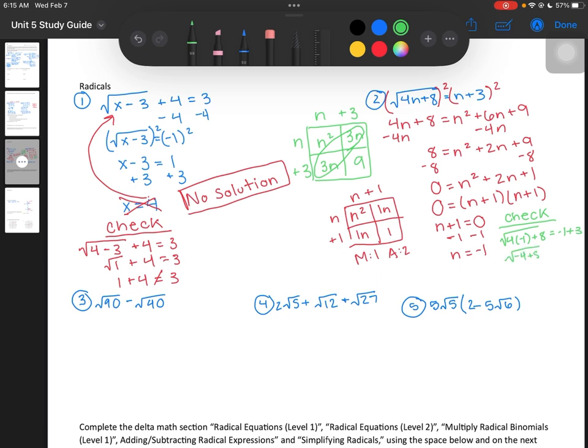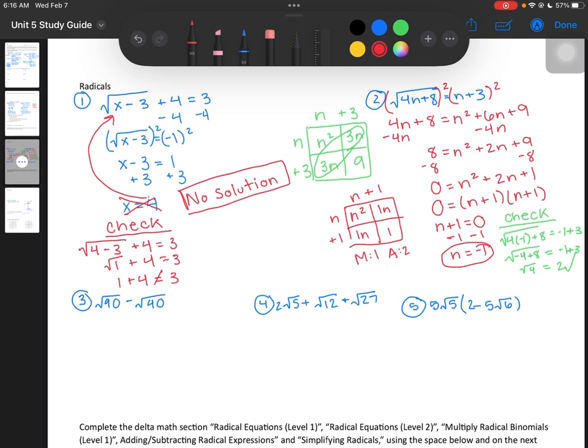So 4 times -1 is -4. -4 plus 8 would be 4. And then on the right side, we have 2. And we can see that the square root of 4 is 2. So that one's good. So this, -1, is a solution.